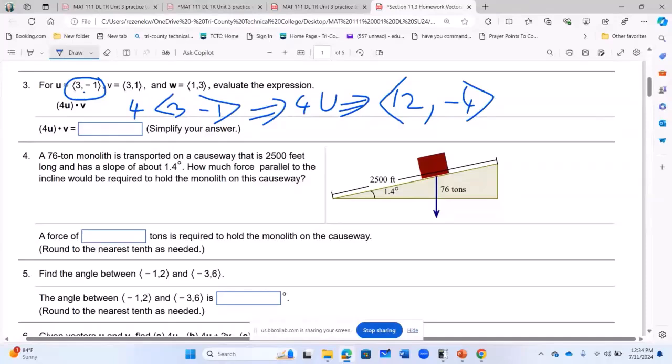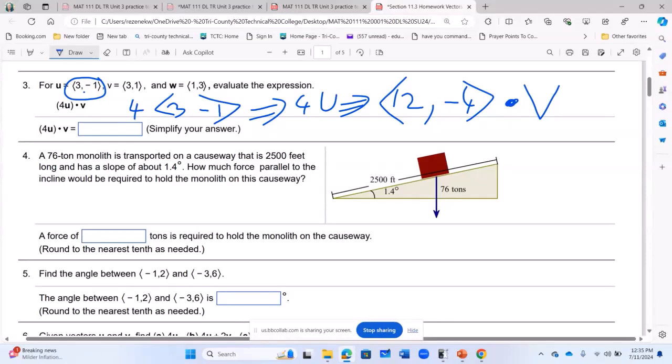Anytime I'm told to find the dot product, it's really easy. So I am going to find a dot product here: vector 4u multiplied by vector v, and vector v is 3, 1.